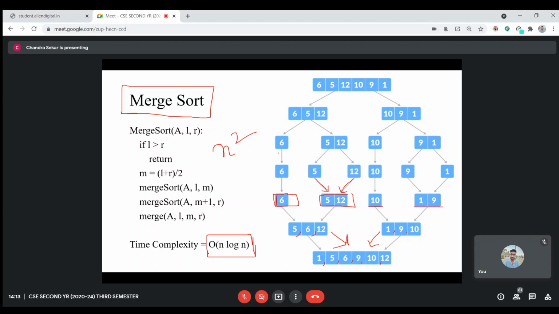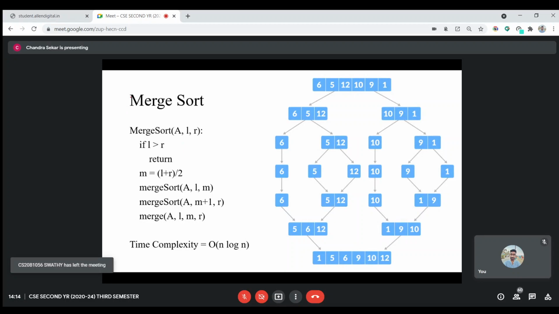Whereas this merge sort, which follows the divide and conquer approach, will give a reduced time complexity of order of n log n. So these are some of the examples for the divide and conquer technique.